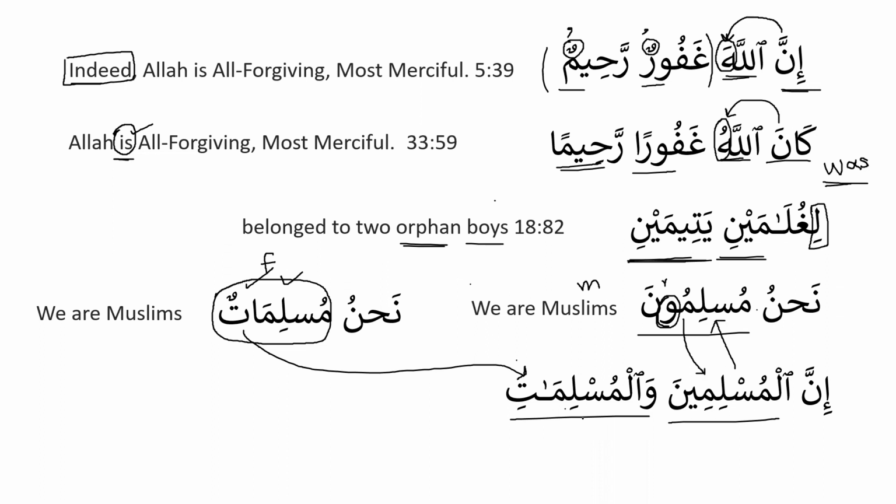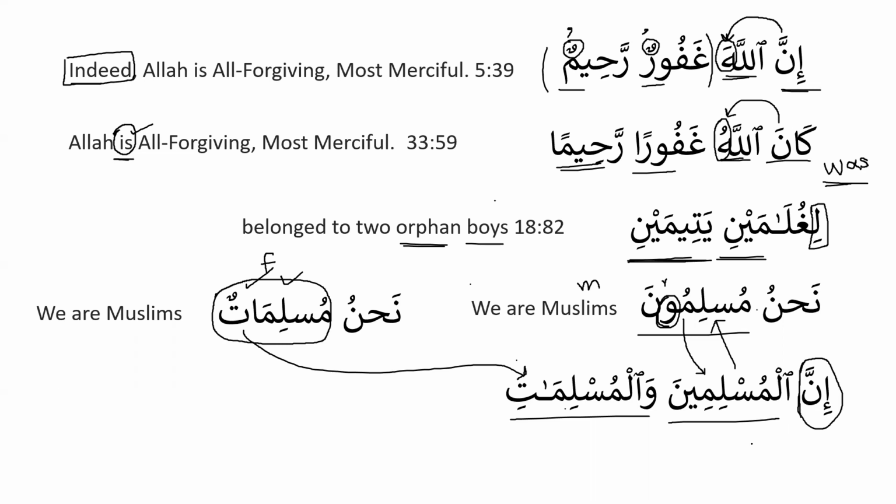Well, both of them are mansub, by the way. As we know, in the beginning we don't really know if they are mansub or majroor. But from today, you can see that Inna is very important. It's used a lot in the Quran. So after Inna, the noun is always mansub.